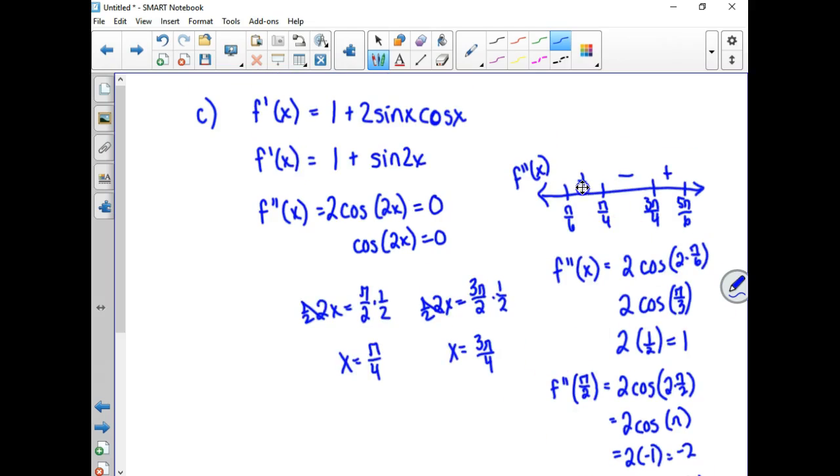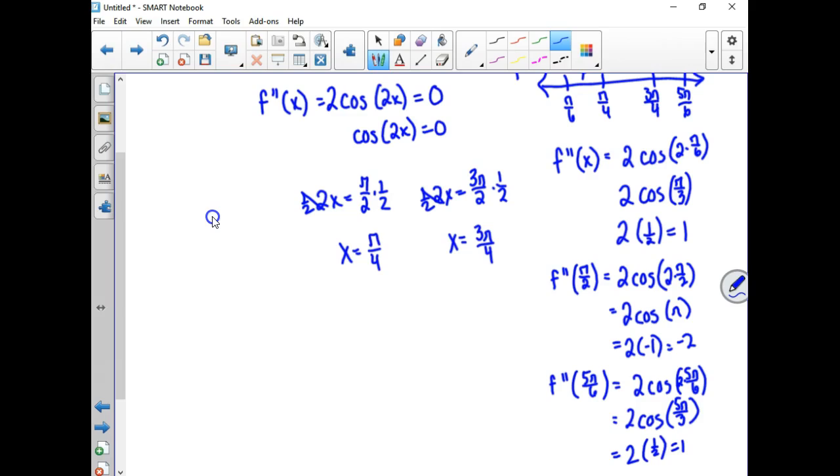So we have a second derivative that's going to change signs at pi over 4 and 3 pi over 4, and those are going to be our points of inflection.